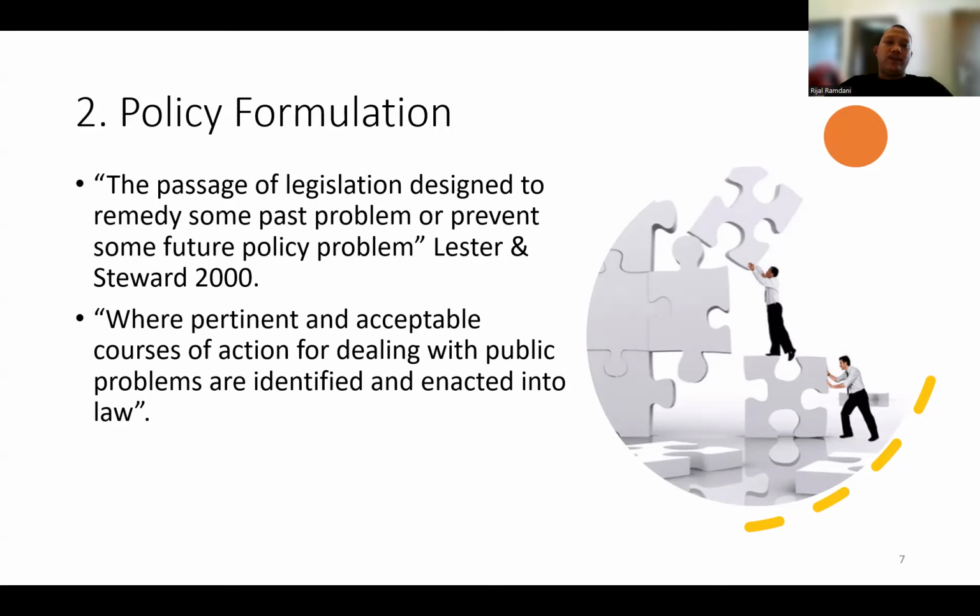In policy formulation, there are two or even three activities. The first one is how the policy is analyzed, based on logical knowledge, research and analysis. And this is what you are going to do: try to find policy alternatives.